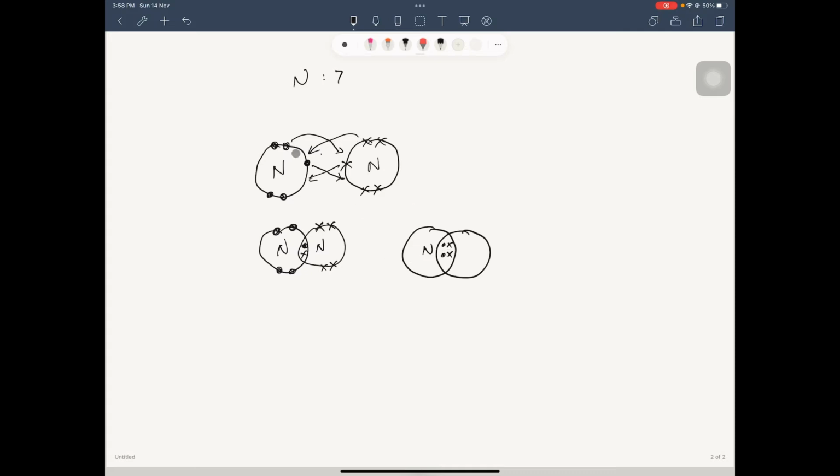Taking 2 out, I still have 3 remaining here that are not being shared. So let's count again for each atom: 1, 2, 3, 4, 5, 6, 7. So 7 electrons in the outermost shell, still not stable. Let's do another.